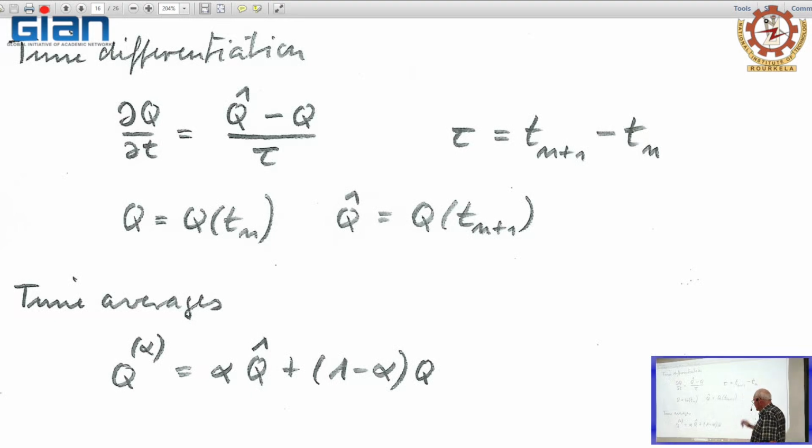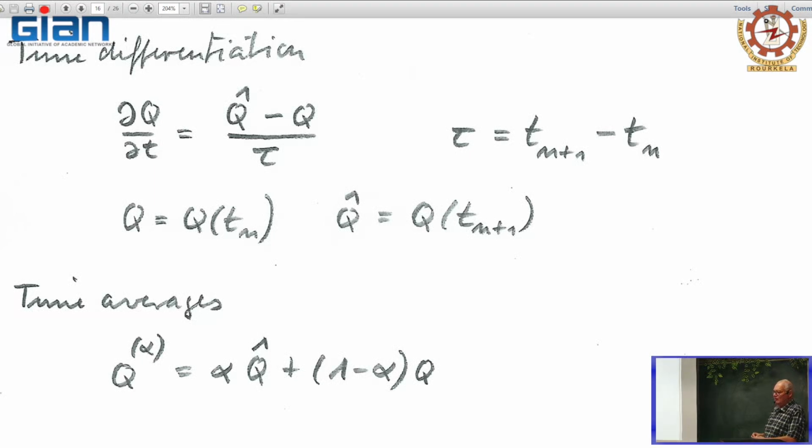Why is that important? One of the characteristics we want our scheme to have is energy conservation intrinsically built into our system.